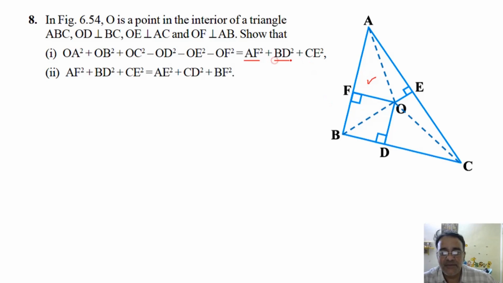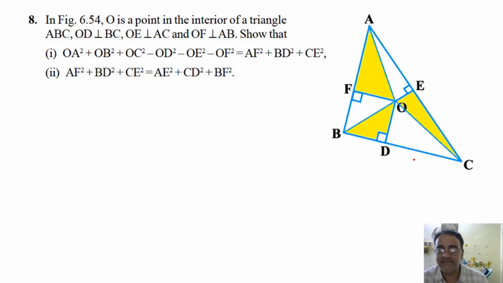And BD square belongs to which right triangle? Triangle BOD. Very good. And CE belongs to which triangle? Triangle COE. Right. So these yellow shaded triangles we have to take first, and we have to apply Pythagoras theorem in all three triangles, one by one.